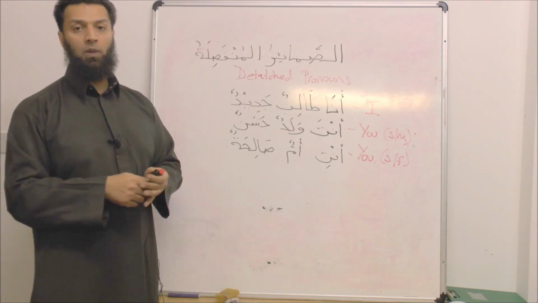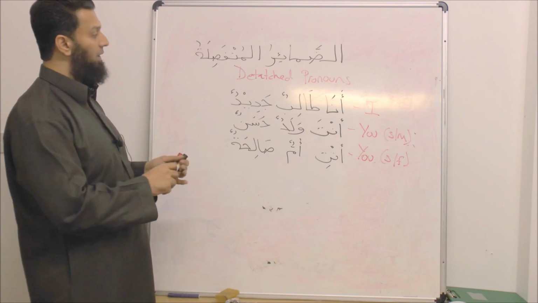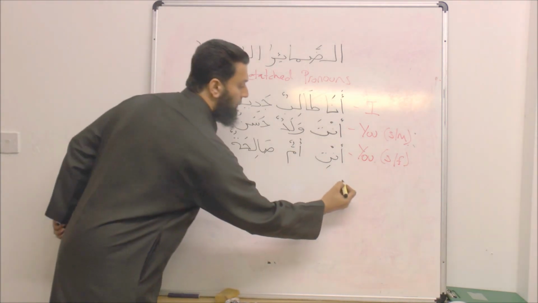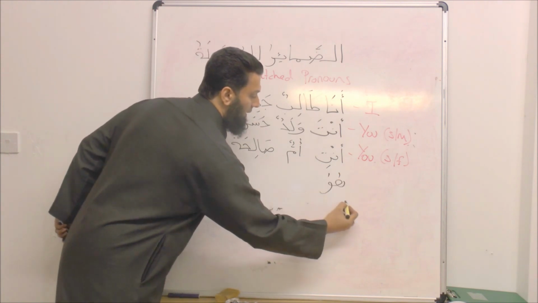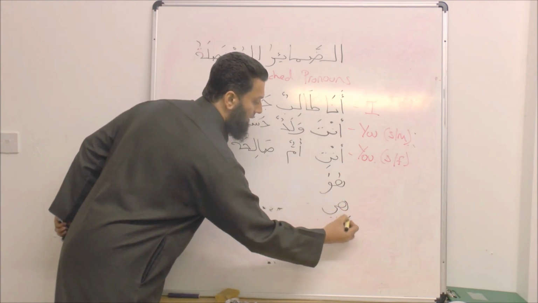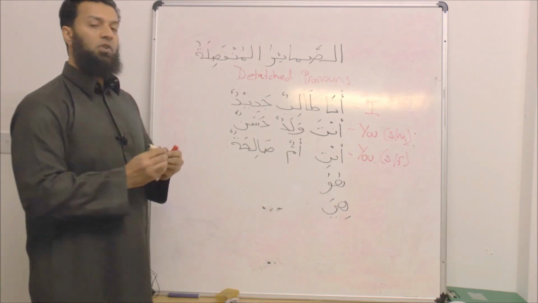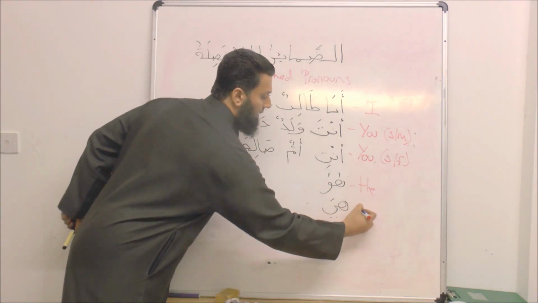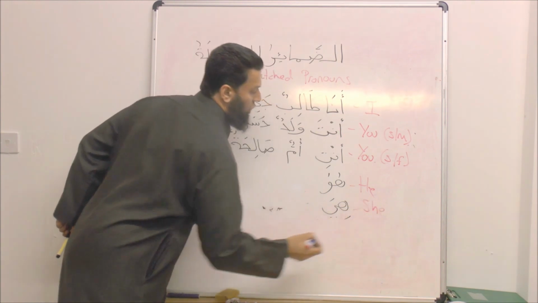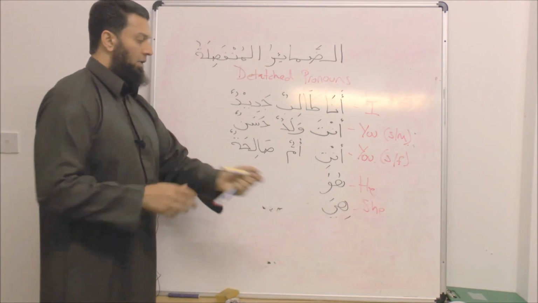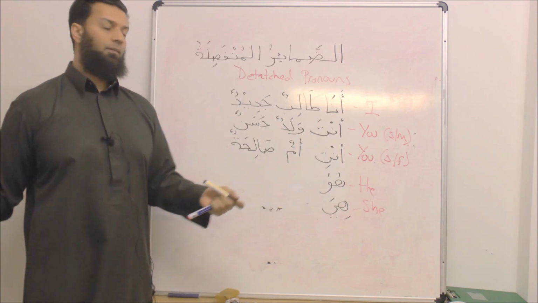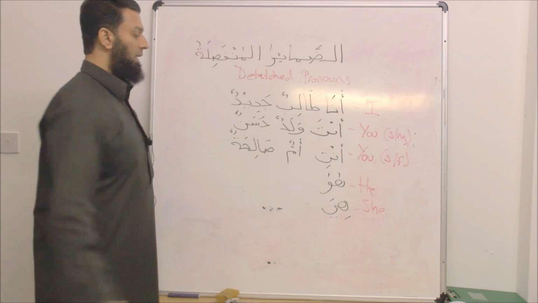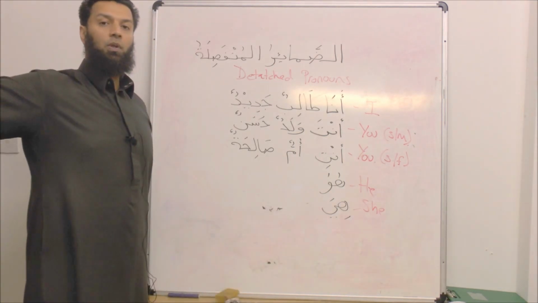And the other two that we're going to mention, because we're not going to discuss all of them, because then that becomes difficult for the learner, are huwa and hiya. So huwa means he, and hiya means she. Huwa when you're referring to he. Hiya when you're referring to she.